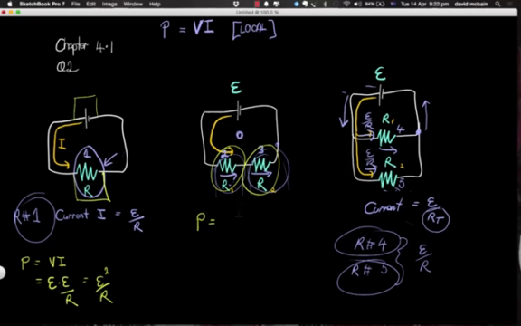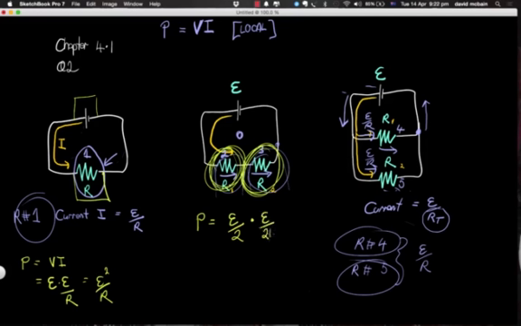So the voltage across R1, for example, will be E over 2, because half is spent going across that resistor and the other half is going across that resistor. So the voltage is going to be E over 2, that's the voltage across each of those resistors, multiplied by the current. Now remember, we said the current is half the current in this one, so it's actually E over 2R, so it's going to be times E over 2R.